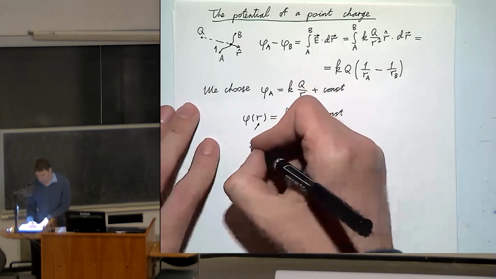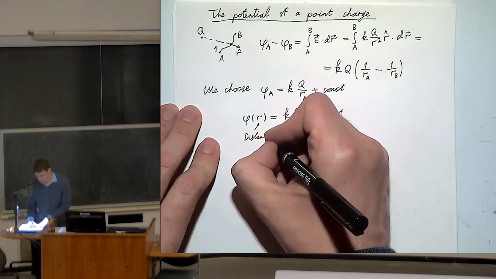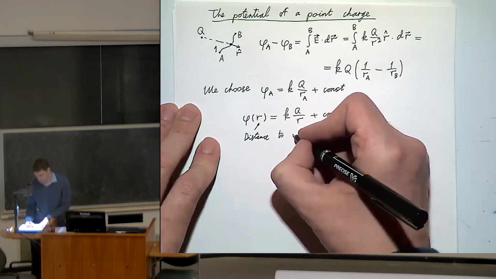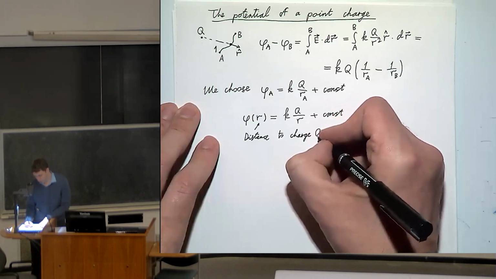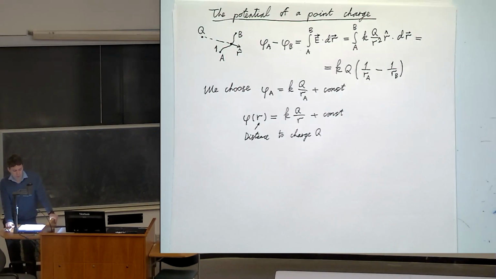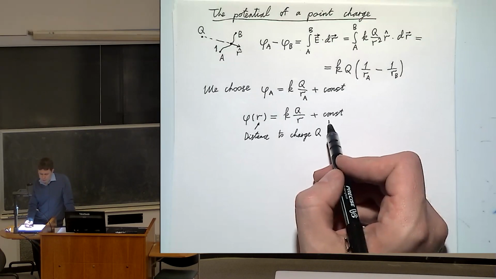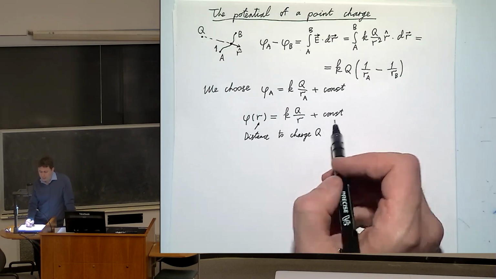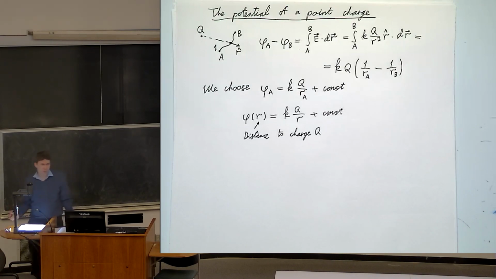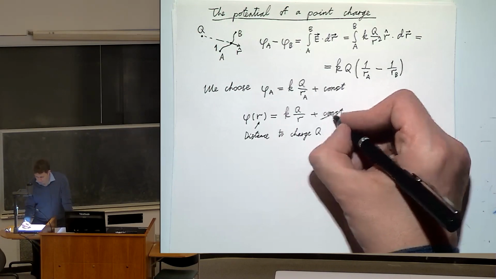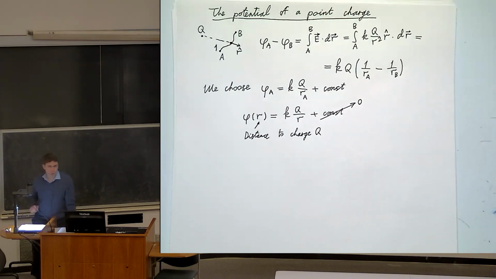So right here, R is the distance to charge Q. So the potential at an arbitrary point is determined by the distance from that point to charge Q. And the choice of this constant is up to us. It's convenient to set it to 0, right? Yeah, 0 is my favorite constant.